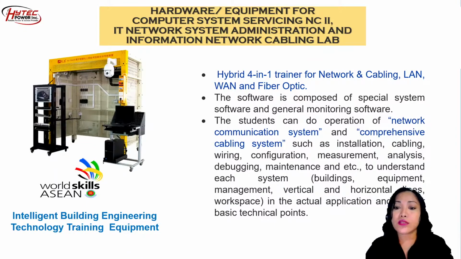The students can do operation of network communication system and comprehensive cabling system, such as installation, cabling, wiring, configuration, measurement, analysis, debugging, maintenance, and more, to understand each system in building equipment management, vertical and horizontal lines, workspace in the actual application, and master basic technical points.